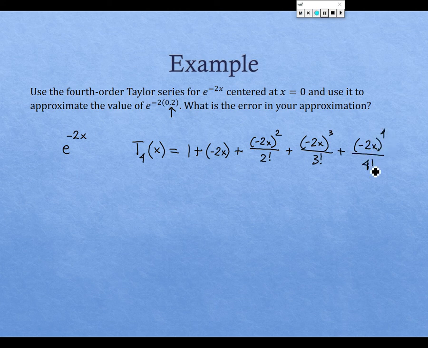And actually, if you don't even want to simplify, that's fine, because the point of this is not to come up with that series, it's to actually plug this in. So feel free to simplify, but in the end, please plug 0.2 into this, and plug 0.2 into this, and compare.